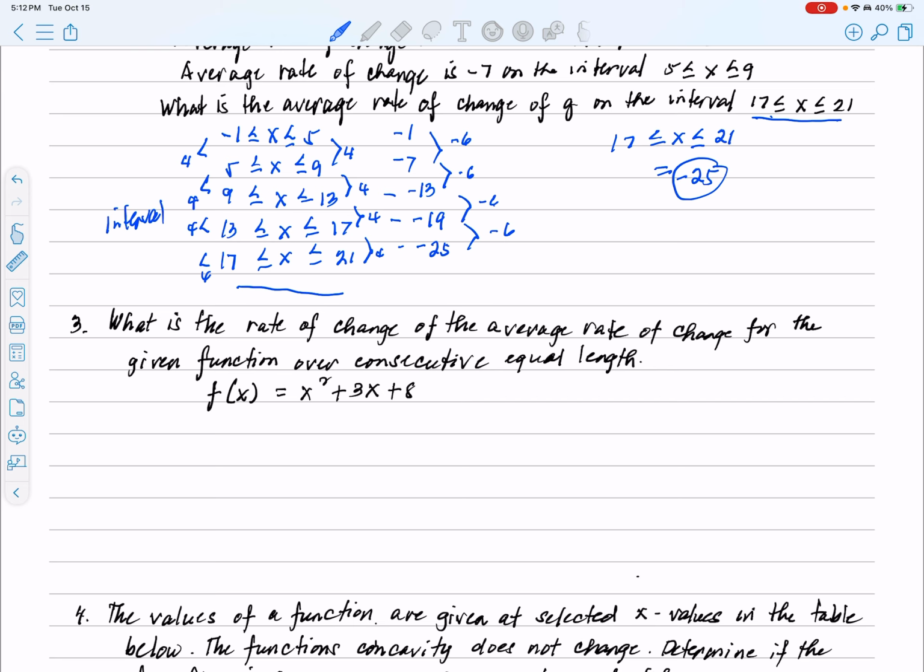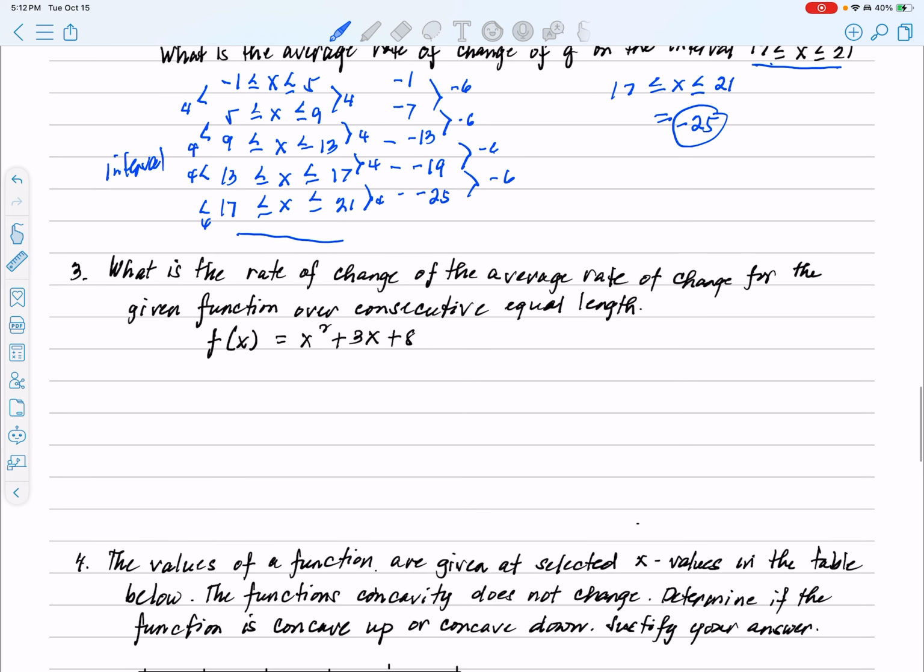So in this problem right here, we know that the rate of change of the average rate of change is constant. We know that, but we have to find a way how we're going to do it.